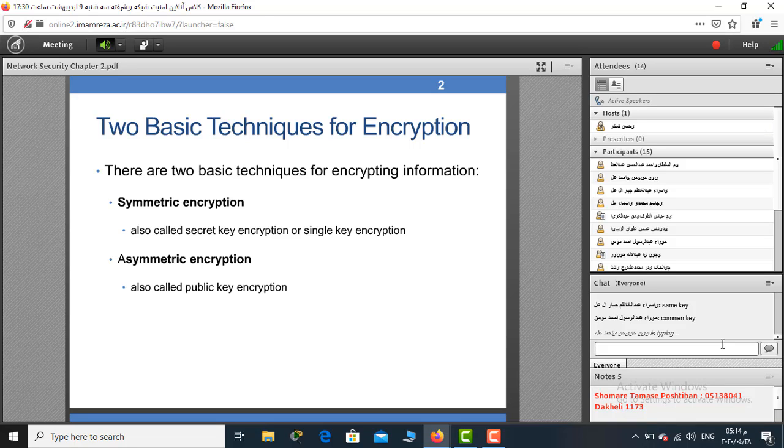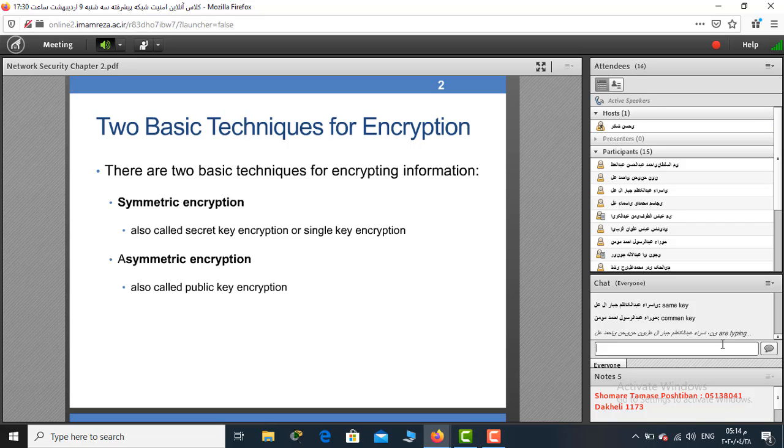On the other hand, in asymmetric encryption algorithms, also called public key encryption algorithms, there are two different, although related, keys for encryption and decryption. On the sender side, one key is used for encryption.